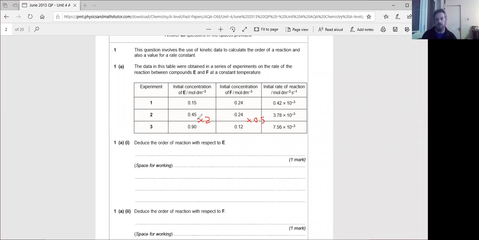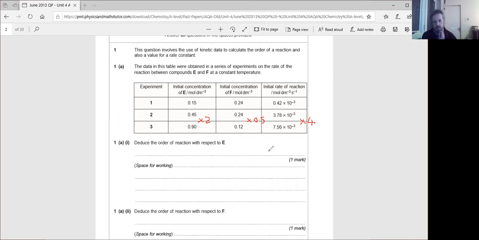Now, we're going to have to square this, aren't we? Because it's second order with respect to E. So you'd have to multiply that by 4 to take account of what we've done to E. Because it's second order and we've doubled it, it would go up by 4.